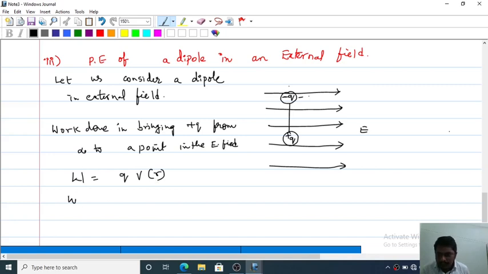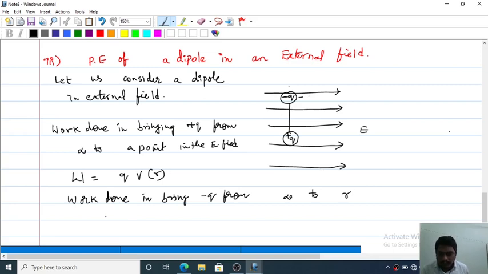Next one is work done in bringing minus q from infinity to the same potential. We are bringing the minus q also to the same potential point, where the distance from the source is R.